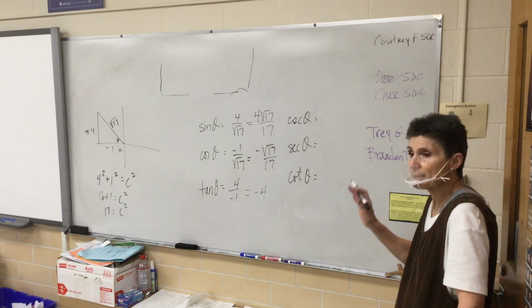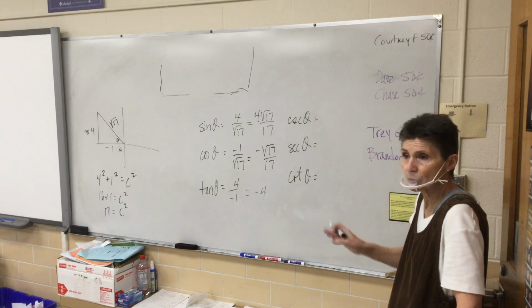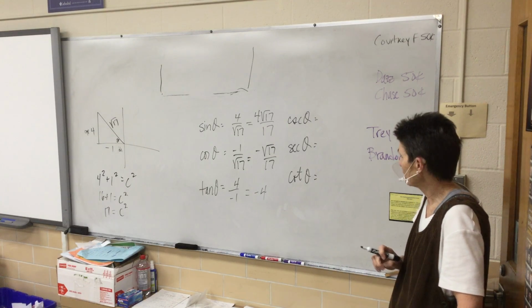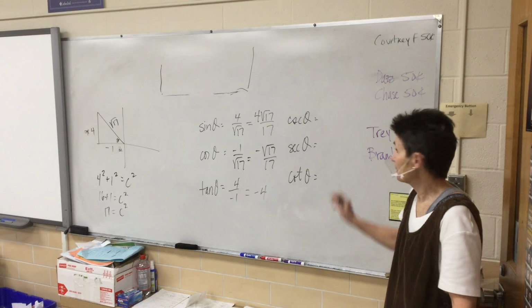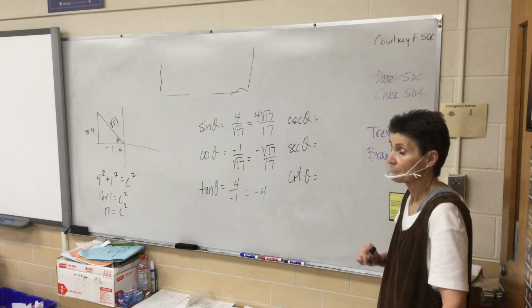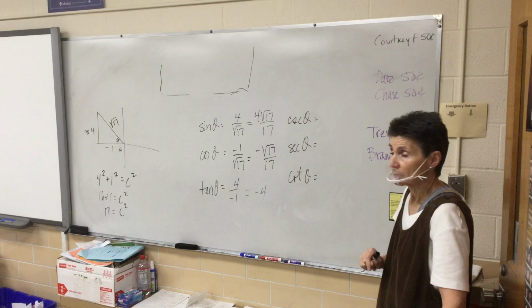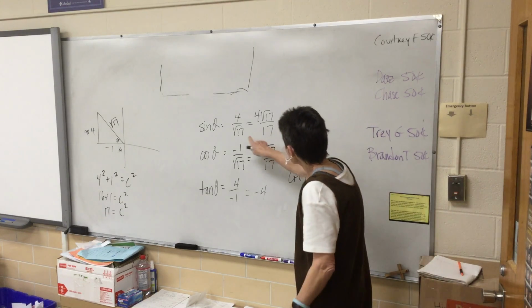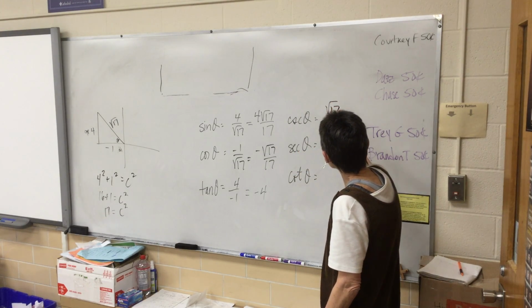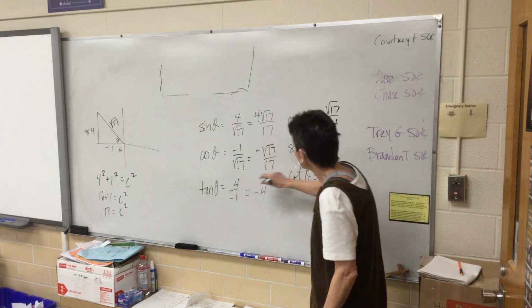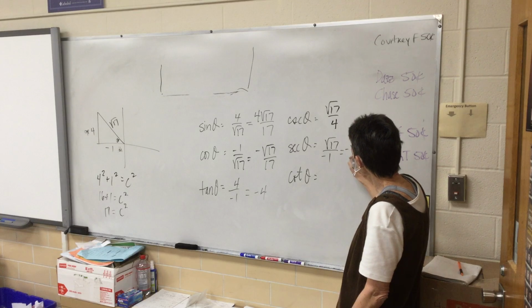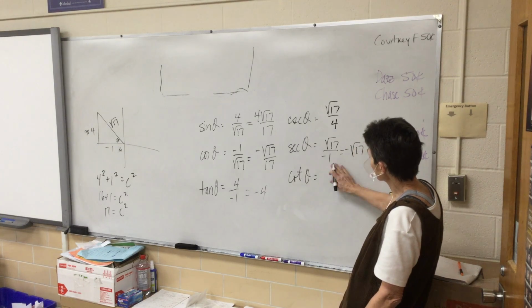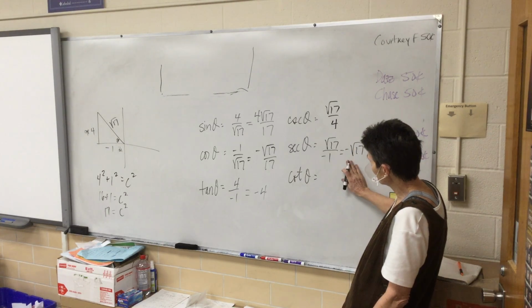Now, does anybody have a question about those three? Where they came from? Any of those numbers? Because now we're going to just flip them. So cosecant, root 17 over 4. Secant, root 17 over negative 1, or just negative root 17. Either one of those is fine, whatever you prefer.